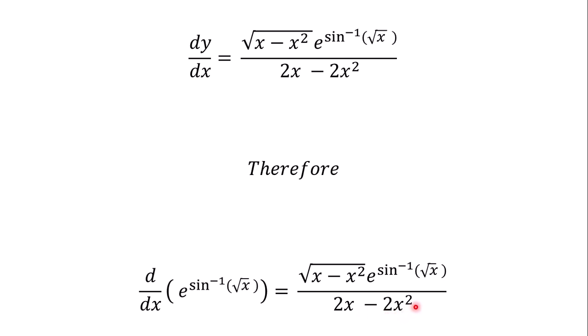As I said, you can leave your answer like this, or you can say the derivative of this one is equal to e raised to the power sine inverse of square root of x divided by 2 times square root of x times square root of 1 minus x. Either this one or that, you are correct. Just that we don't know how the marking scheme is going to be. That is why we proceed to the other side.